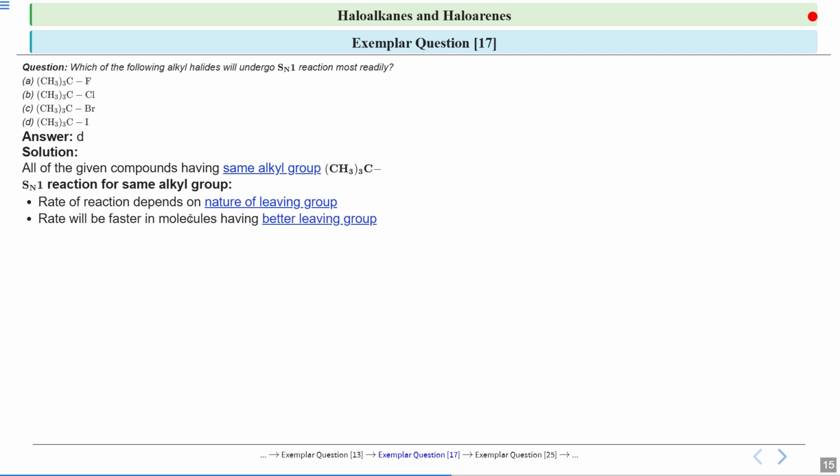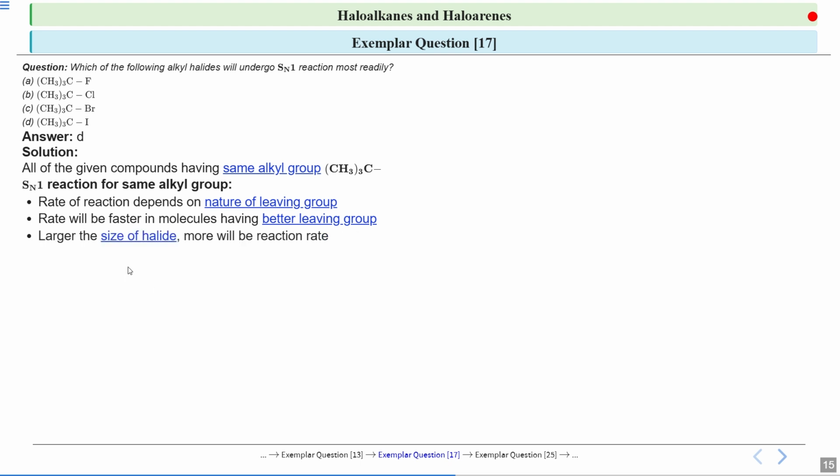So rate will be faster in the molecules having the better leaving group, because it can, without much effort, better leave from the molecule, leaving behind the carbocation, and then the incoming nucleophile can easily attack on the carbocation to form the product, right? So rate will be faster for those molecules which have the better leaving group.